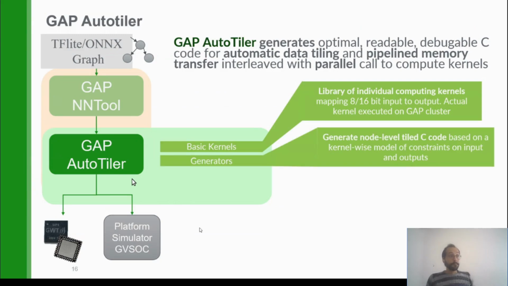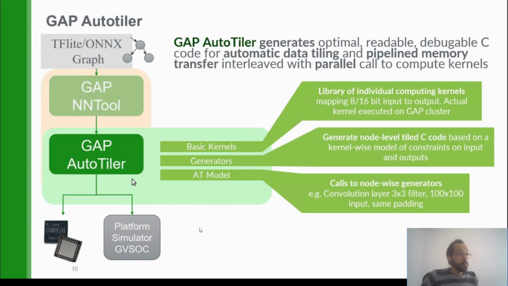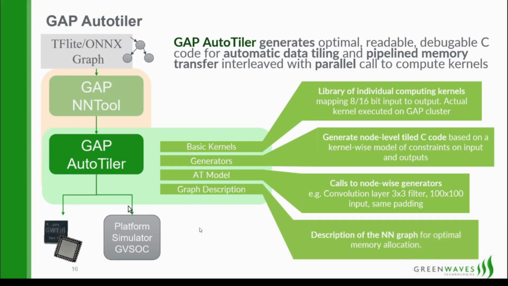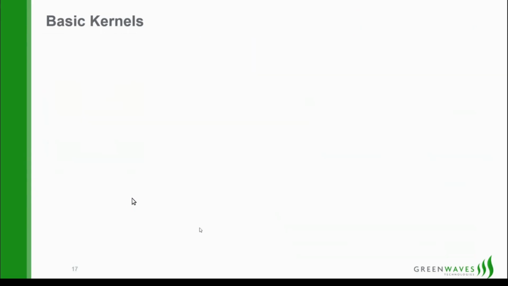Generators, which are made to generate this tiled code and all the memory movement. Then we have an IT model, which calls this generator, which actually generates the memory movement. For example, the IT model is made of all the node graph, the nodes that you have in your neural network. And we have a graph description, which is actually describing all the dependencies between the nodes.